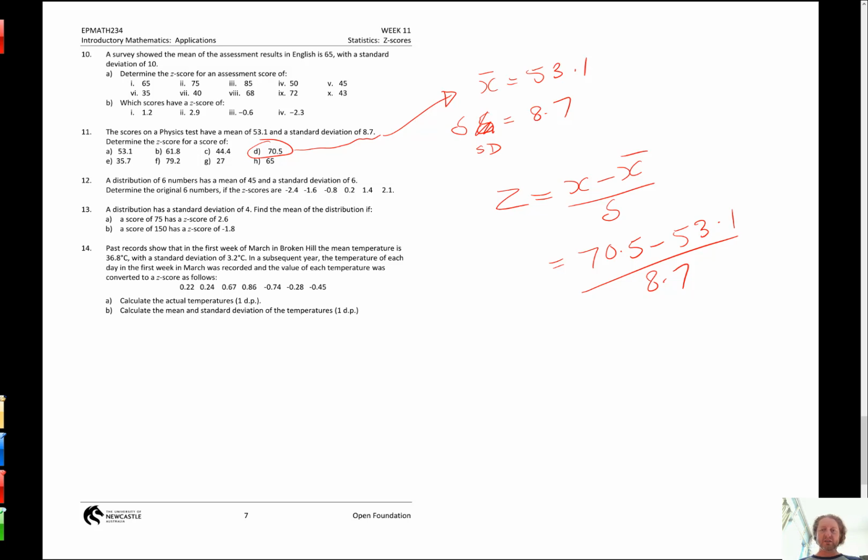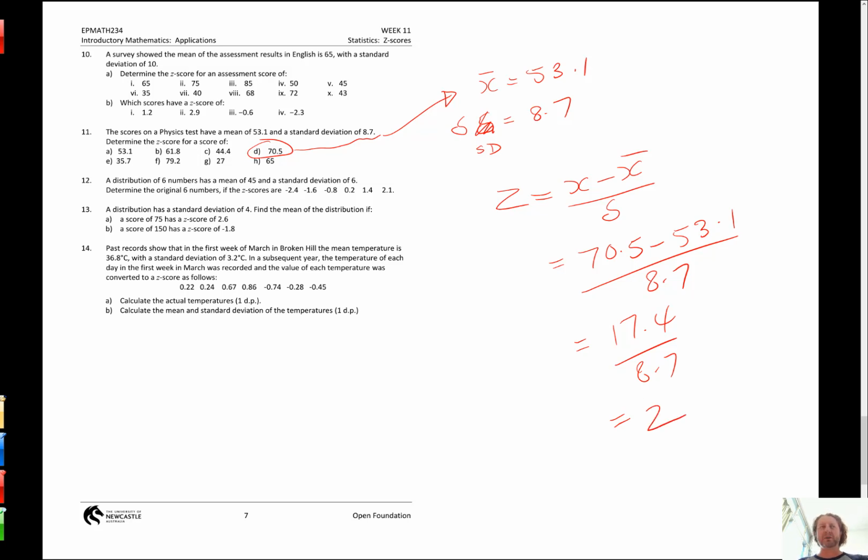I'm just going to do it on the calc. So it's 70.5 minus 53.1, which is equal to 17.4 marks above the average. Very impressive. Divided by 8.7, we can see, actually it is nice. The numbers didn't seem nice, but it came out a whole number, 2.